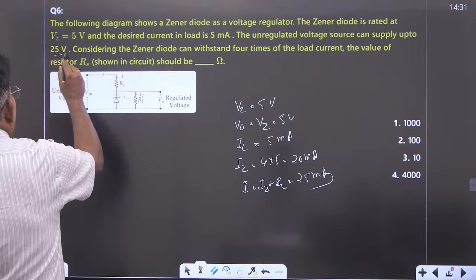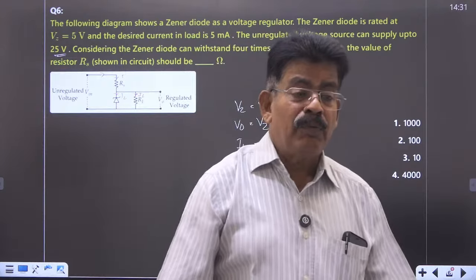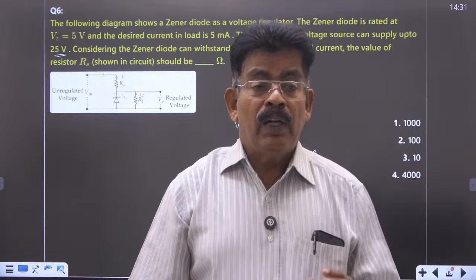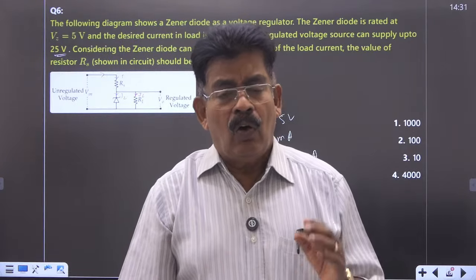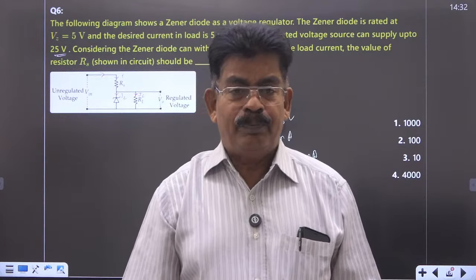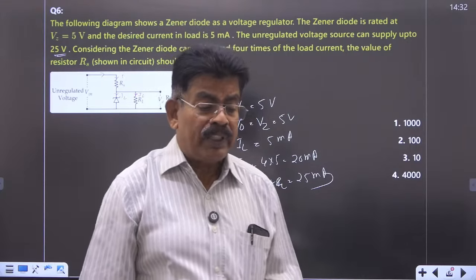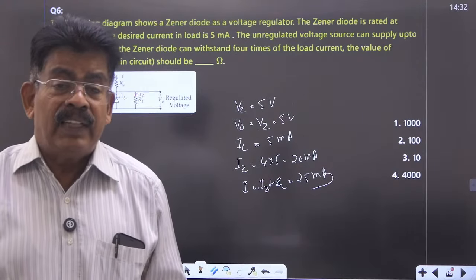The regulated voltage is maximum. The voltage across the Zener diode, or output voltage, or load voltage, will remain the same. Any variation in unregulated voltage is being suffered by the series resistor.